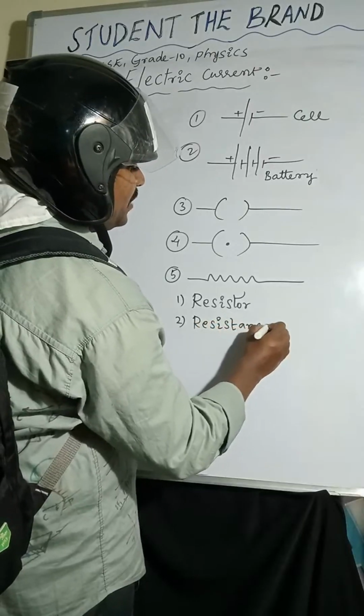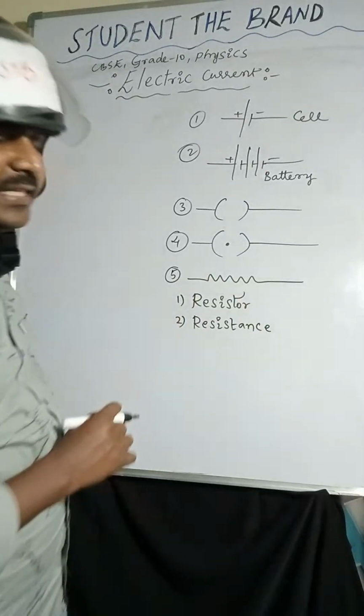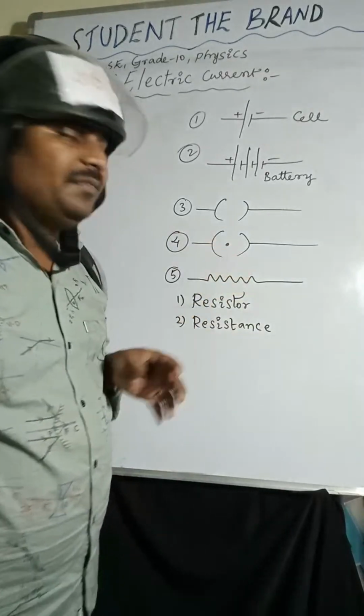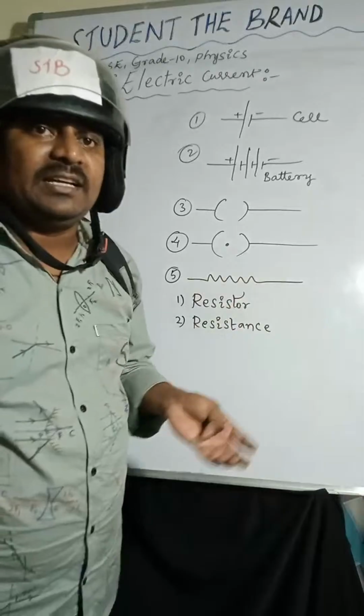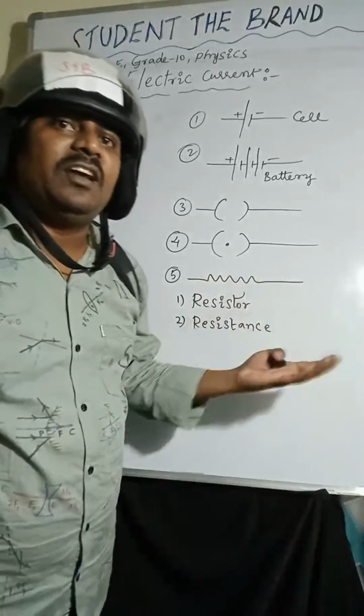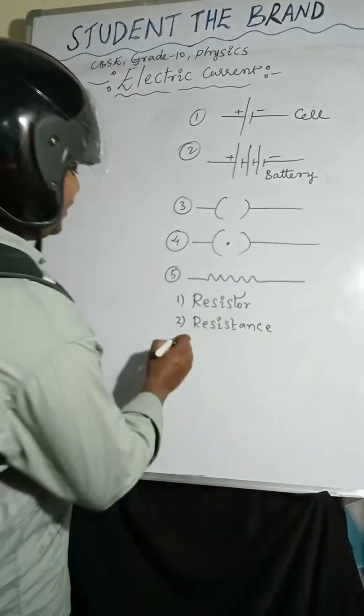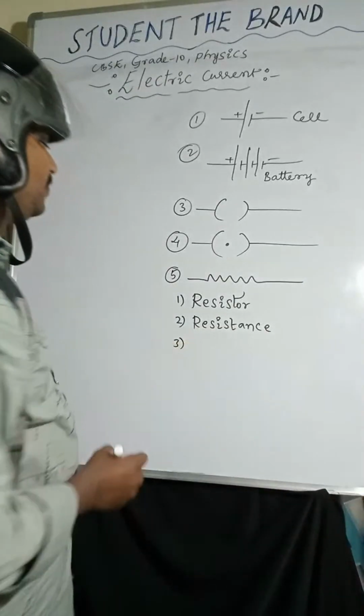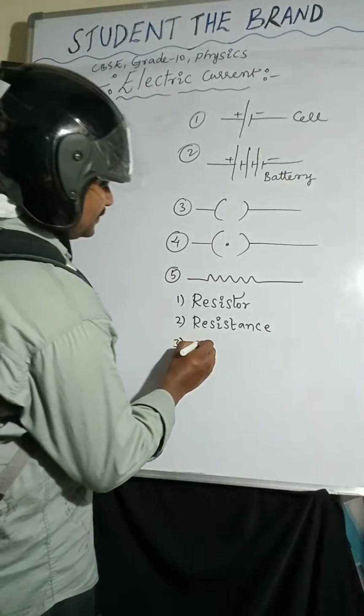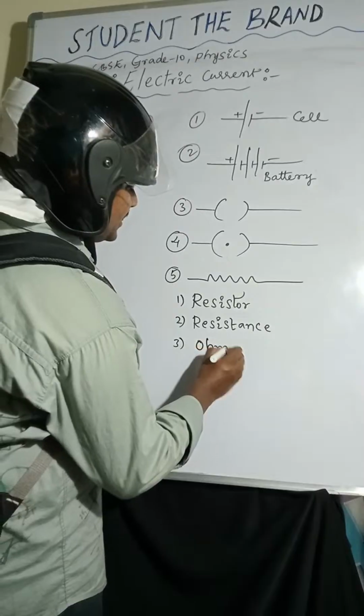Resistance is the phenomenon of opposing the electric current. Next, the SI unit of resistance is ohm.